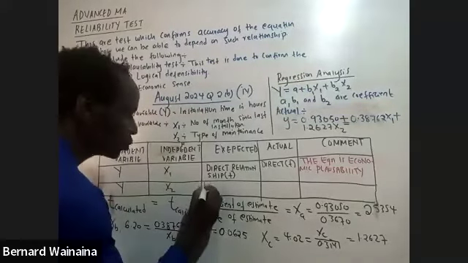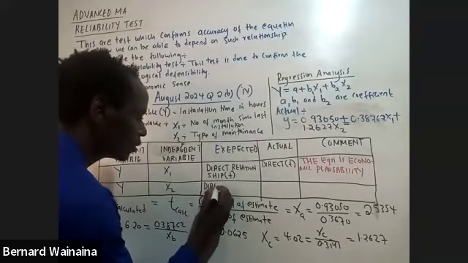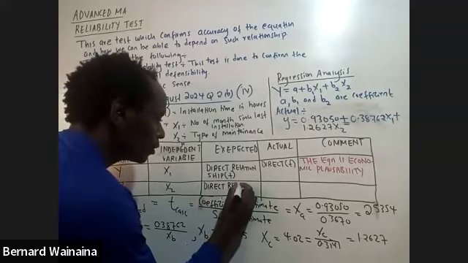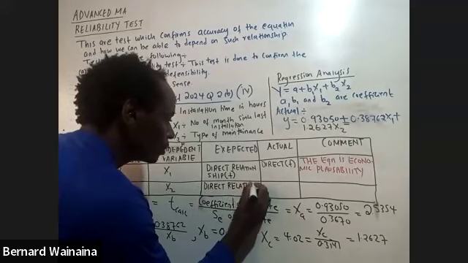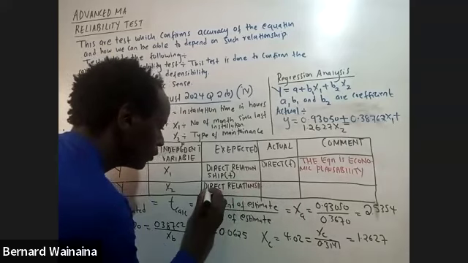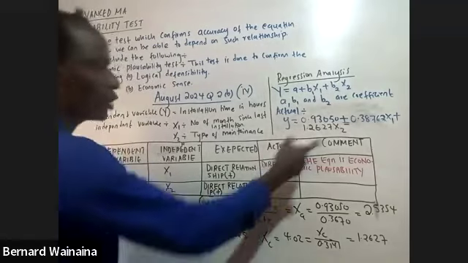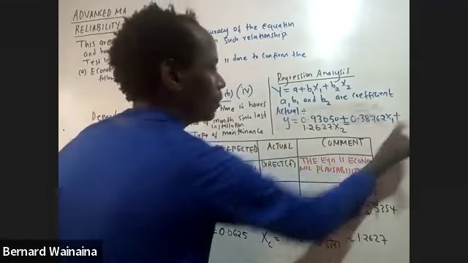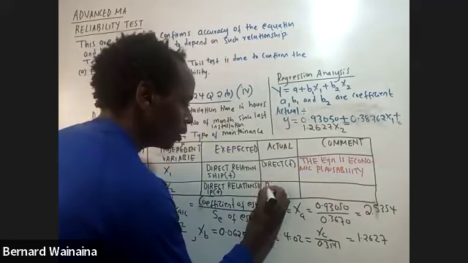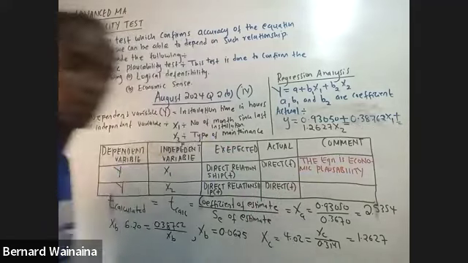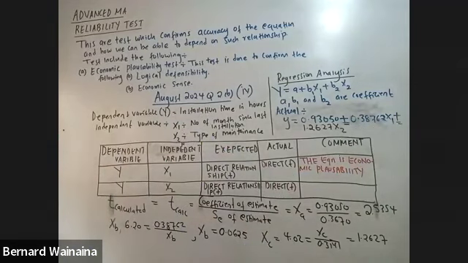So it is also a direct, positive relationship. Our actual is still positive.